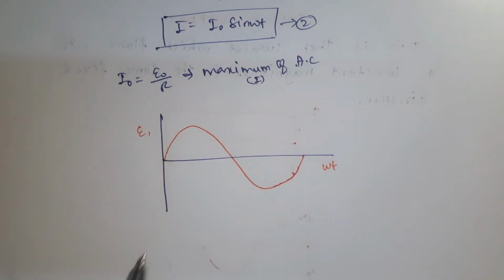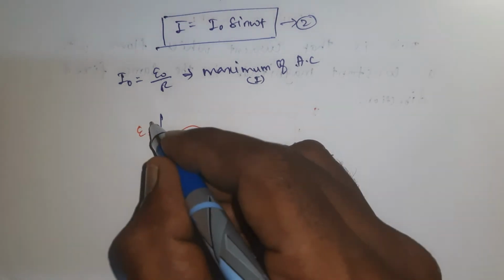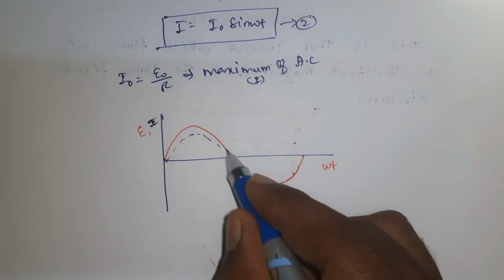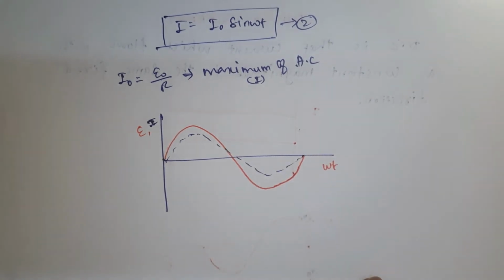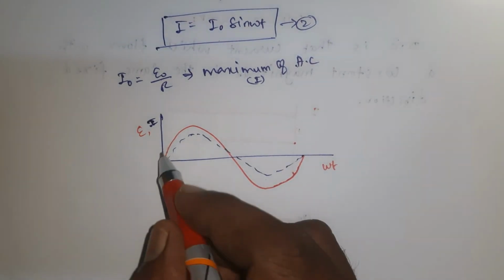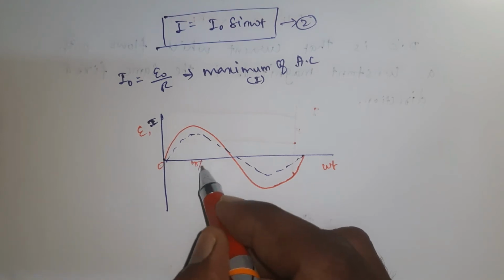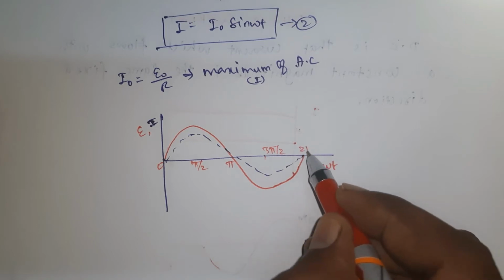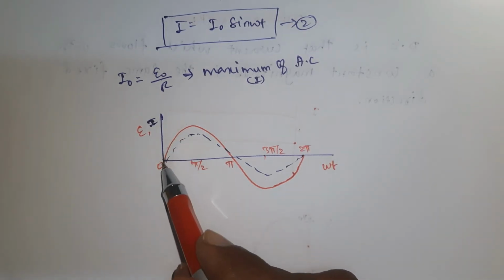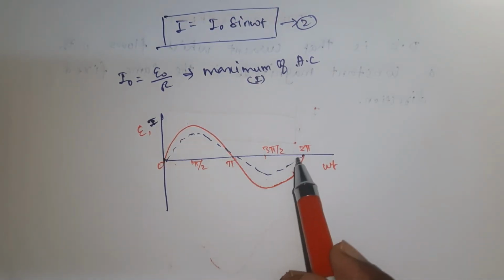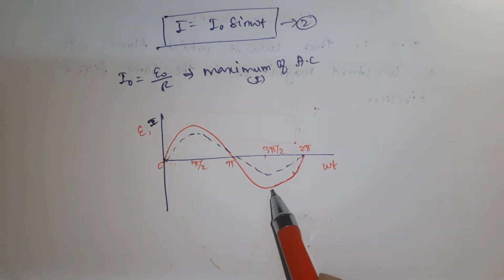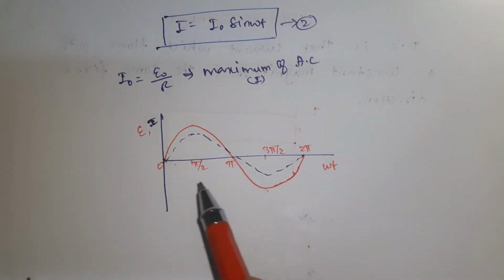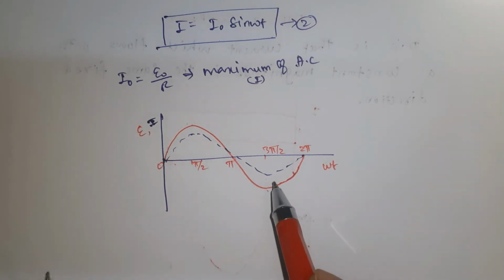Then we can plot for I. This is I. From this graph, at 0, at pi by 2, at pi, at 3 pi by 2, at 2 pi, wherever voltage is minimum, current is also minimum. Wherever voltage is maximum, current is also maximum. So current and voltage are in the same phase.